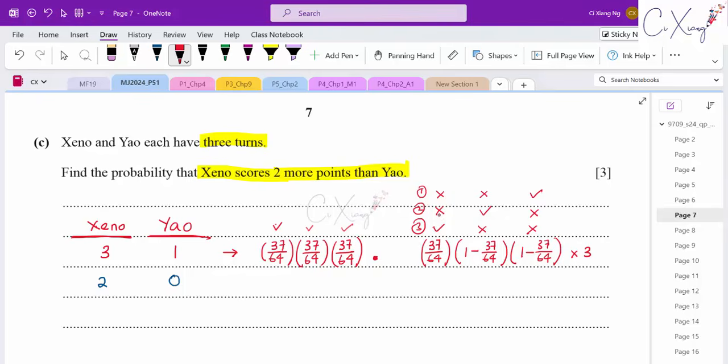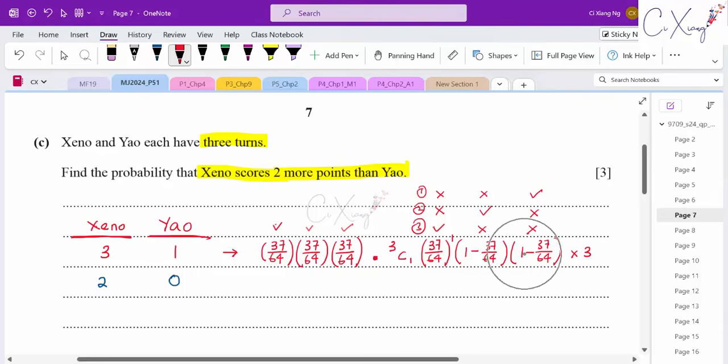Or some students look at it as a binomial distribution. That means I have 3 games, then I get a point only for 1 game out of the 3. So they know that this is 3C1, then P power 1, then these 2 are the cube, so Q power 2.